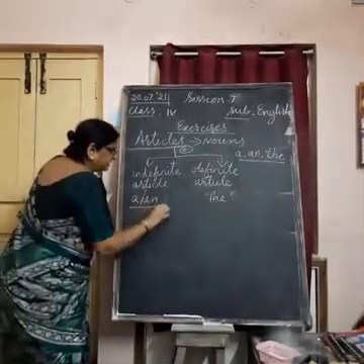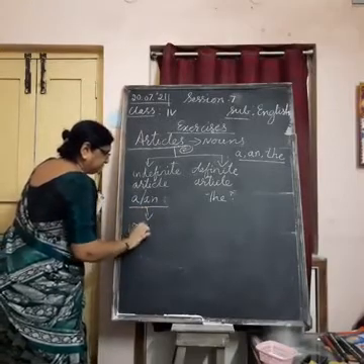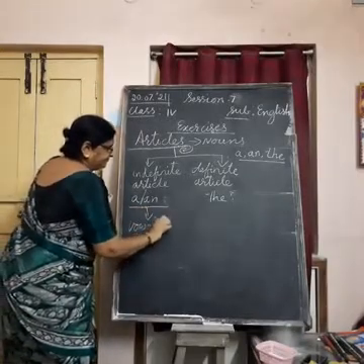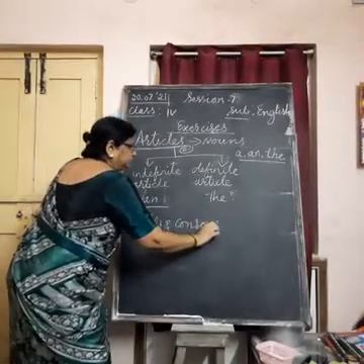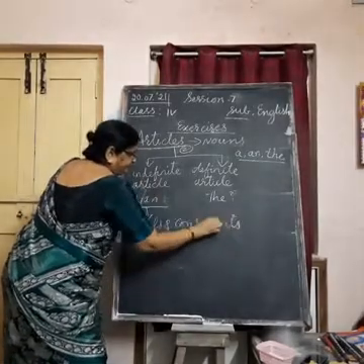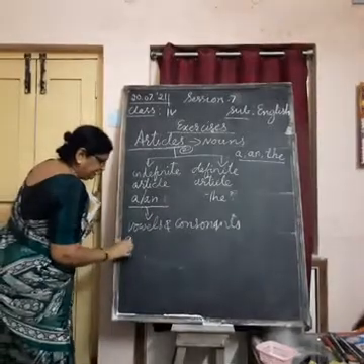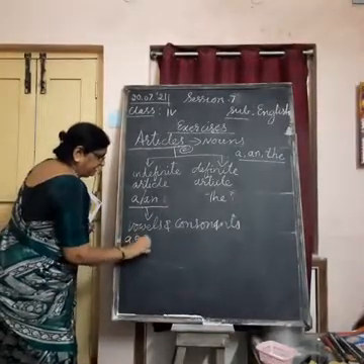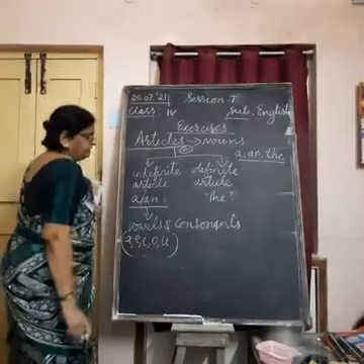So, here we are coming to know once again about vowels and consonants. What are vowels? A, E, I, O, U. These letters are called vowels.